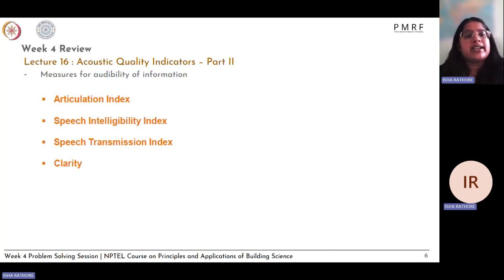These are articulation index or AI, not to be confused with artificial intelligence, but especially in sound studies, the subscript AI is referred to as articulation index. Then the second measure is the speech intelligibility index or SII. The third measure is speech transmission index or STI, and the fourth one is clarity. So we will now look at all of these terms.